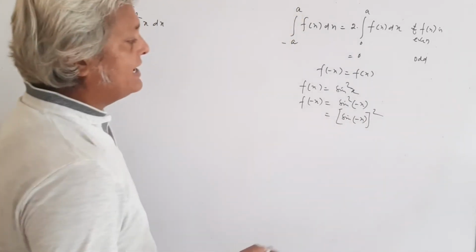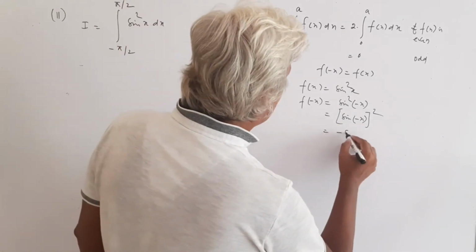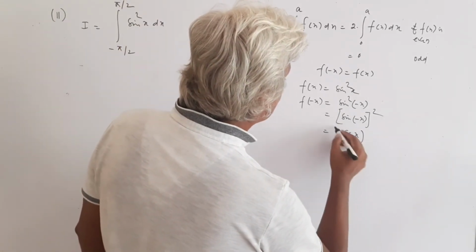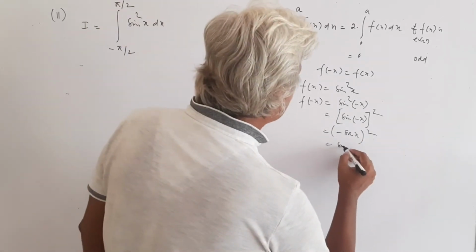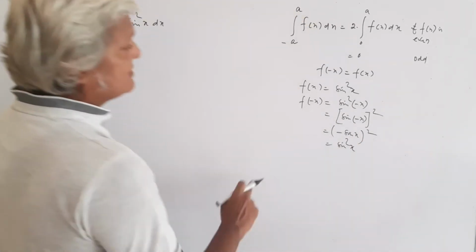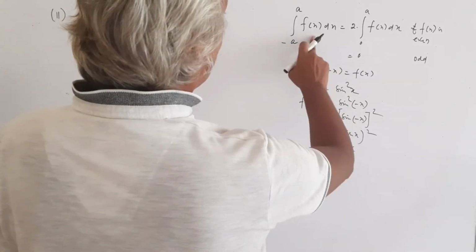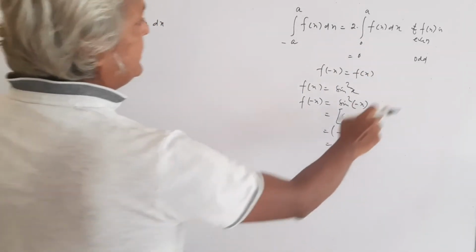Now sine of minus x is minus sine x, and minus sine x whole square, when the negative is squared, always becomes sine square x. What do you see? That our function is an even function.